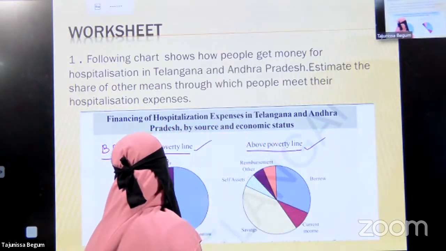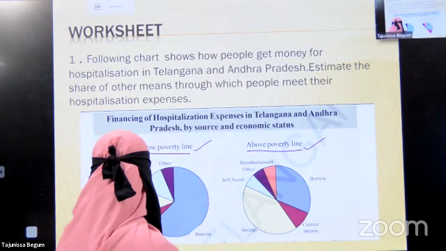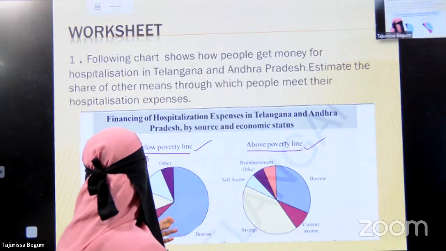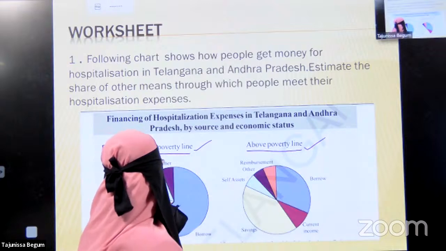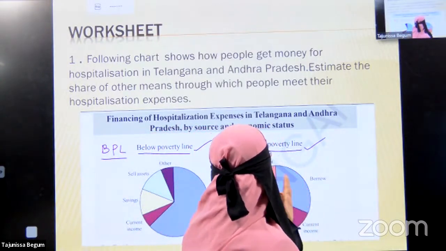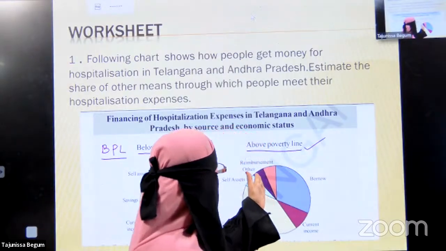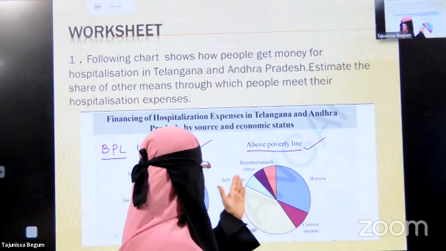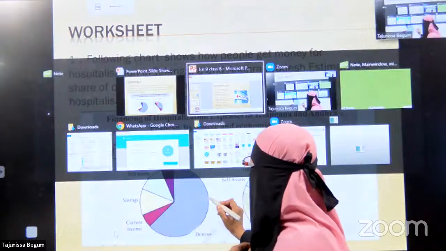What have they given here? Others. See, they have given here others, self-assets, savings, current income, borrowing. About this, how they are doing. Then we'll see for each poverty line how much they borrow, how much they save, how much reinvestment, how much they take from others, how much they have in assets and savings, current income.